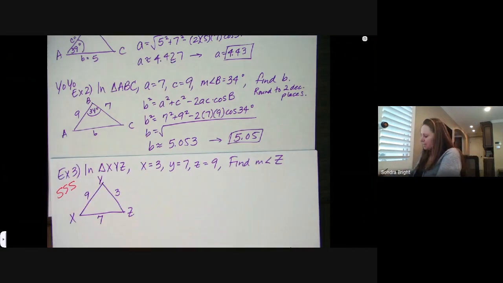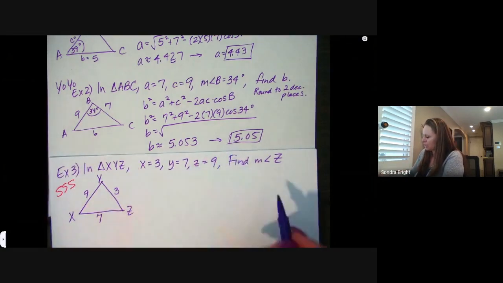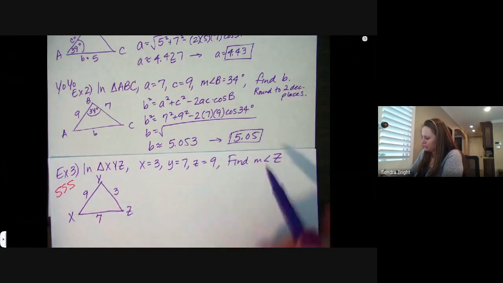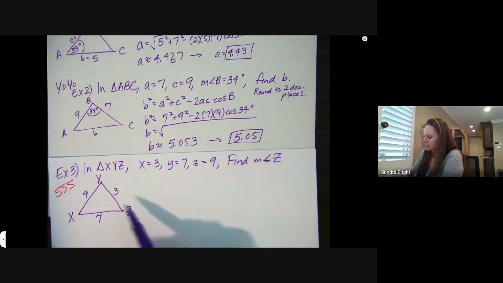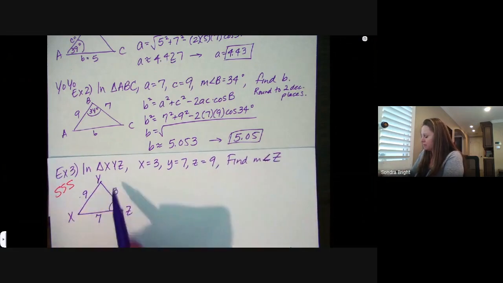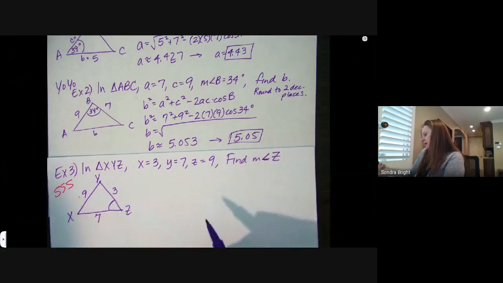All right. But it works the same way. When they give you these, you should definitely be finding the biggest angle first. And they wanted us to find angle Z. So notice 9 is the biggest of the 3 sides. And so z really is the biggest side. So we're good. The angle we're finding correlates to the biggest side.